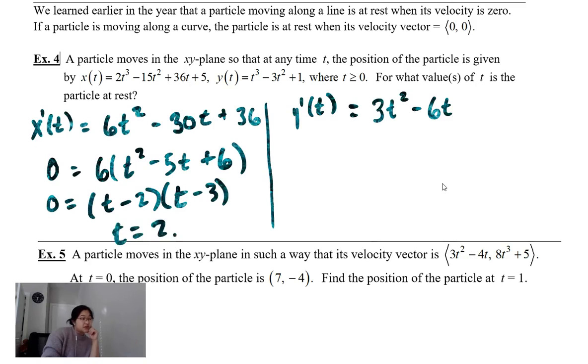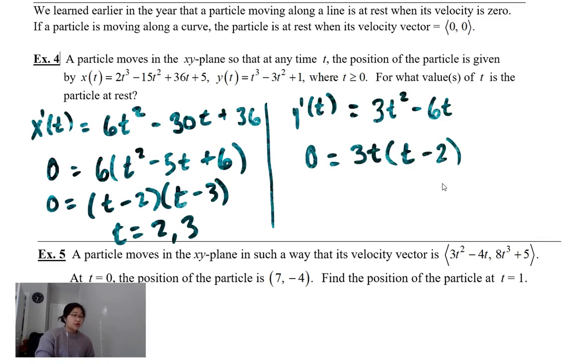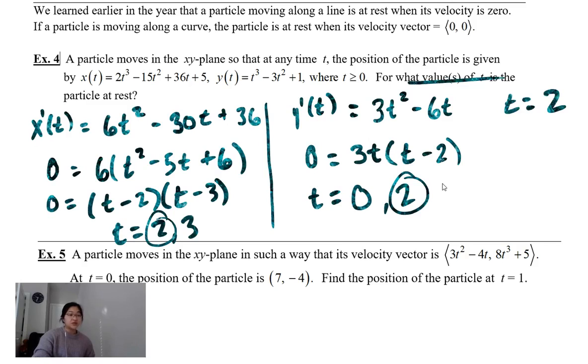So at time t equals 2 and 3, our particle is not moving in the x direction. And then for the y direction, when is that happening? Well, we can factor this. So we get t minus 2. And then setting those equal to 0, we find that's going to happen when t equals 0 and t equals 2. And where do we have overlap? At 2. So the particle is at rest at time t equals 2.